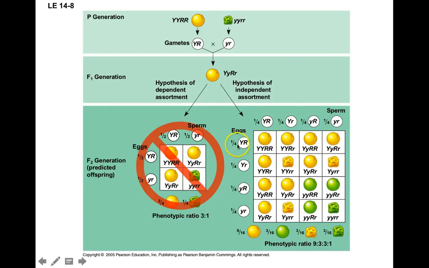And gametes from another parent would be big Y big R, little y big R, big Y little r, little y little r, and you have to just mix them and write for grandchildren. Remember, organisms always have 4 letters for 2 characters, whereas gametes would have only 2 letters. So that is why this is a dihybrid cross. And none of them repeat. You see that? They're all unique gametes.